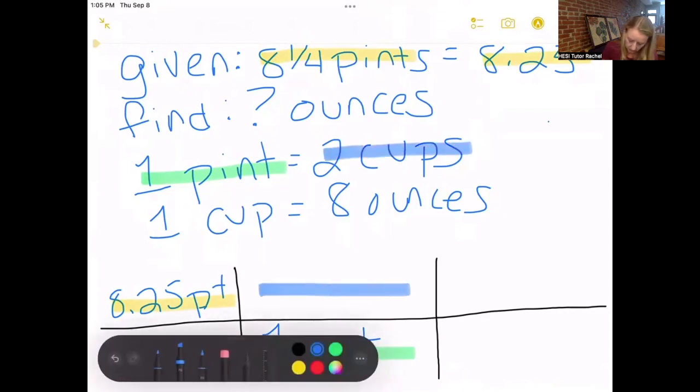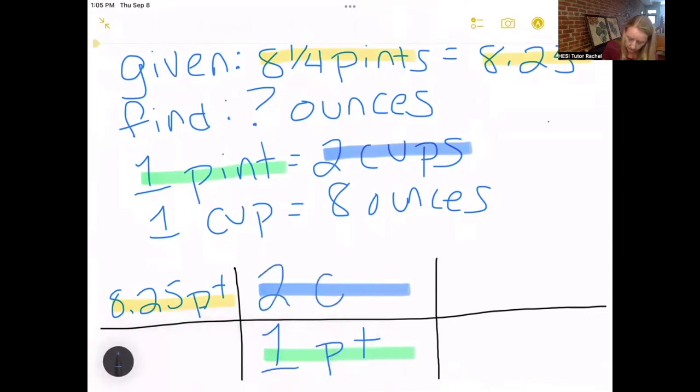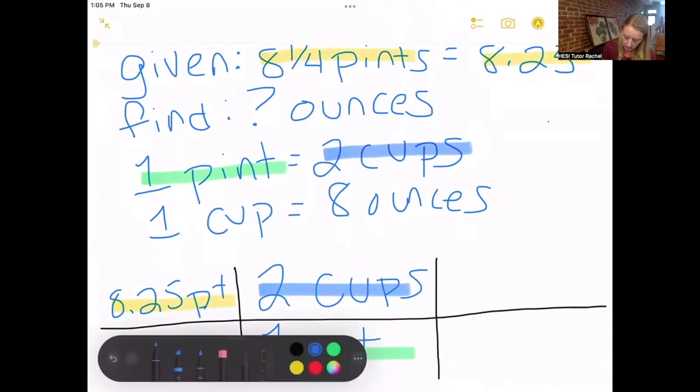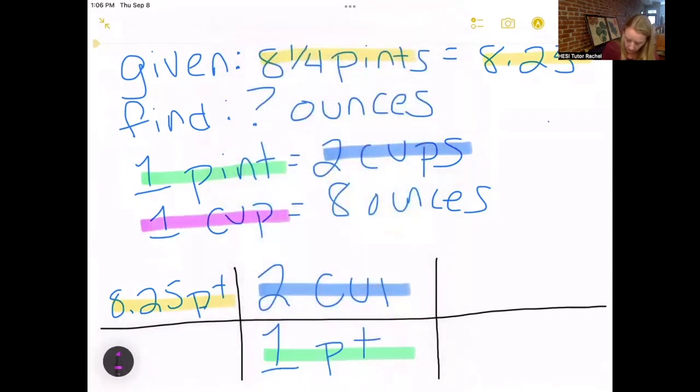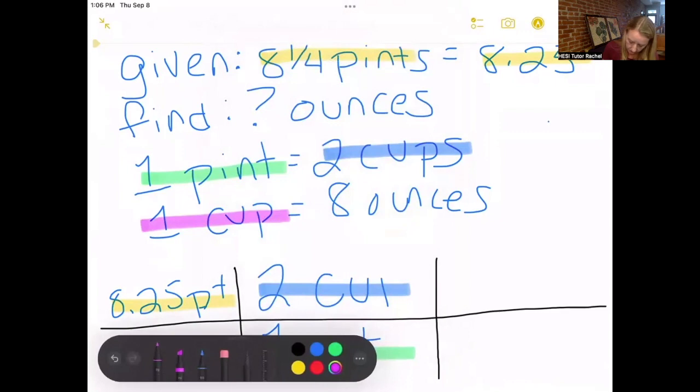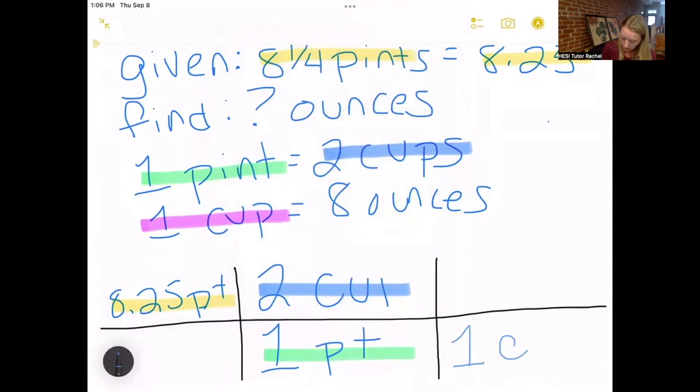So 2 cups goes up here, 2 cups. Now we have to do the same thing again. We have to go down one diagonally down to the right again and put in something with cups. We've got another thing with cups in it here, and that is going to go here, 1 cup.